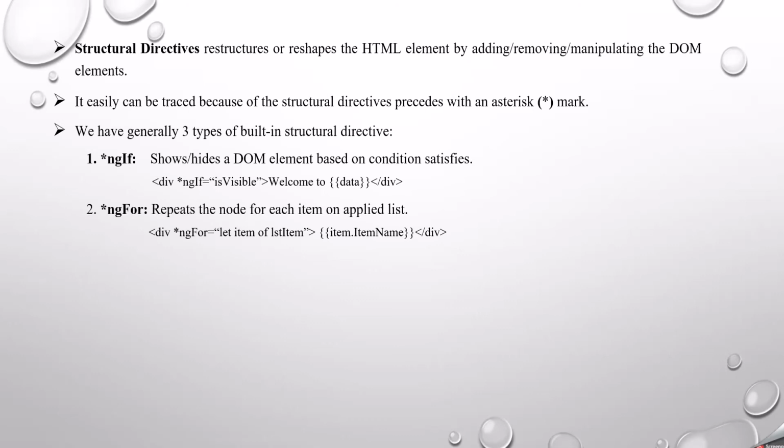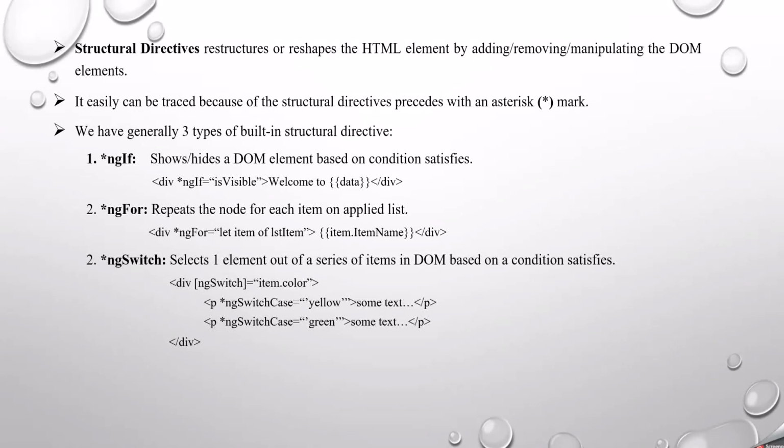So if a list has 7 rows, it will create 7 divs. That's what ngFor does: it creates or modifies the node based on the condition it satisfies. And the third built-in structural directive is ngSwitch.